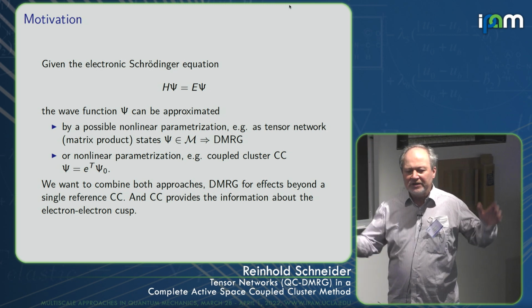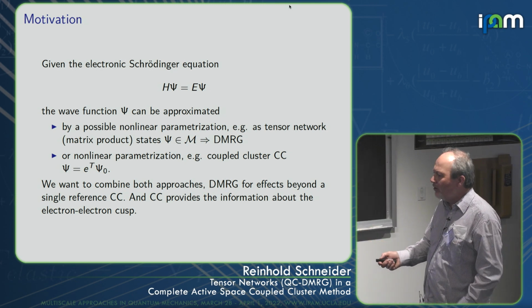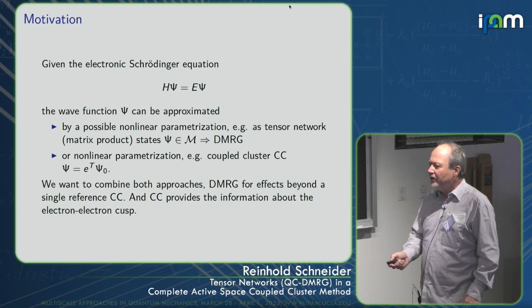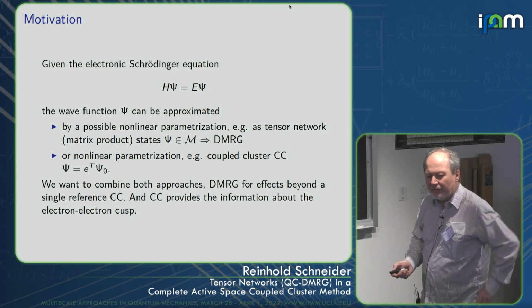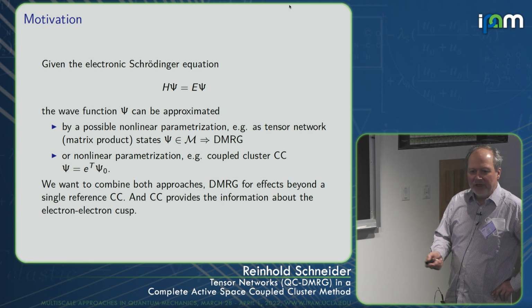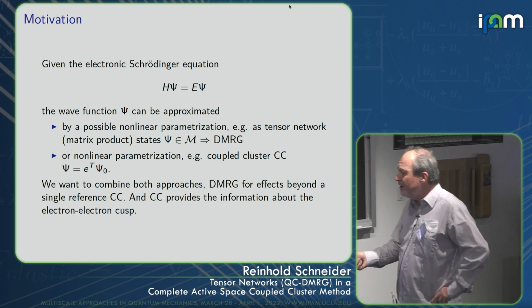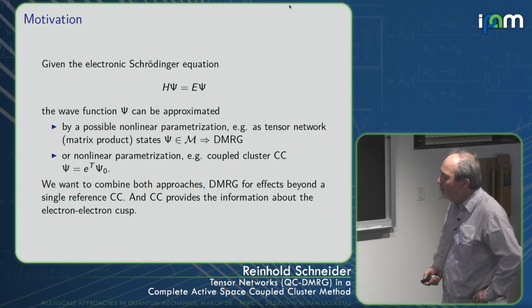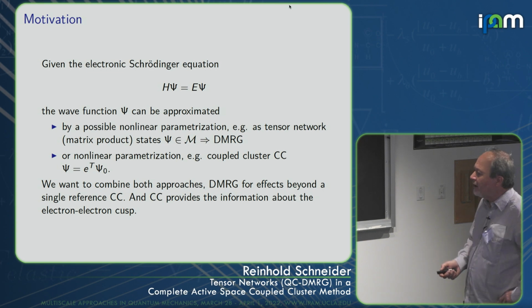So usually people say strong correlation, but one can also have in mind other things which I think are not so easily done with single reference coupled cluster, namely excitation-excited solution, or a time-dependent coupled cluster.